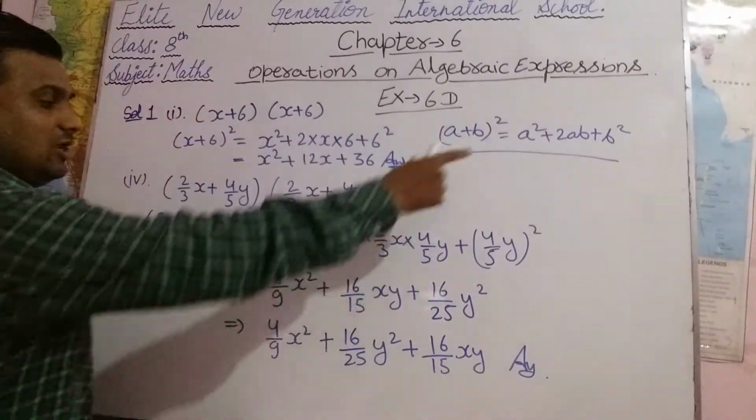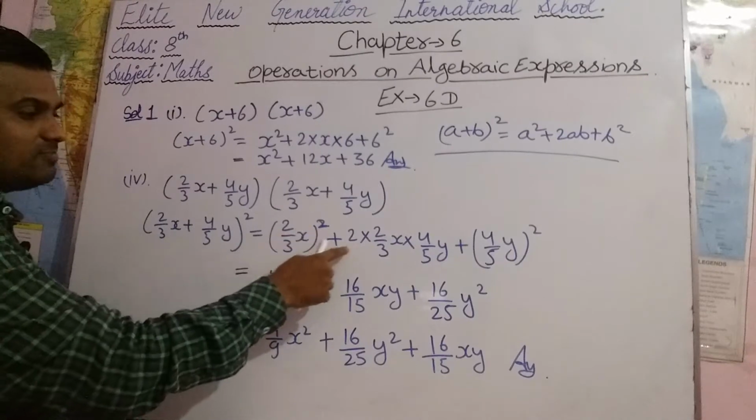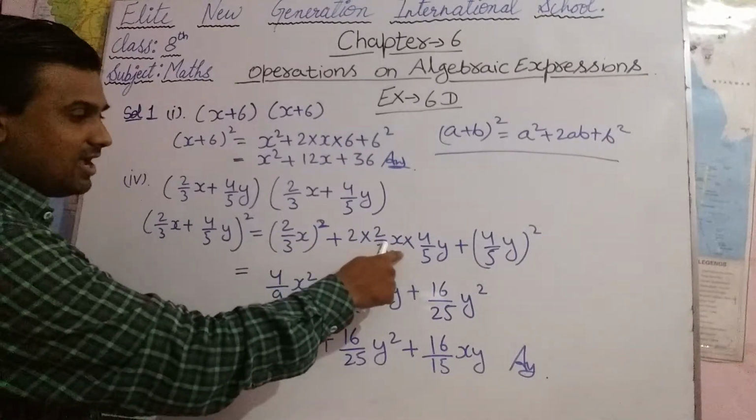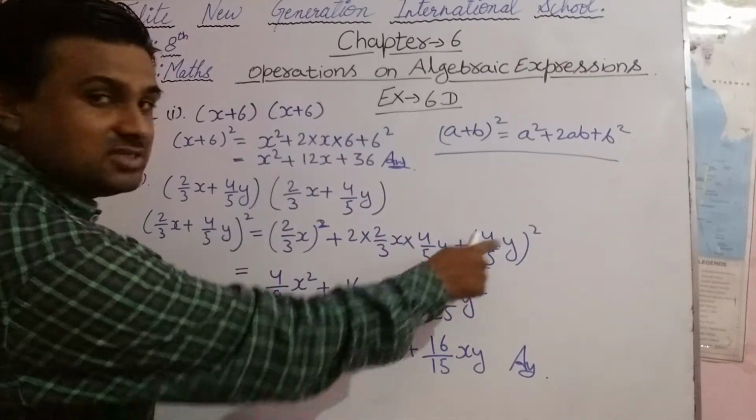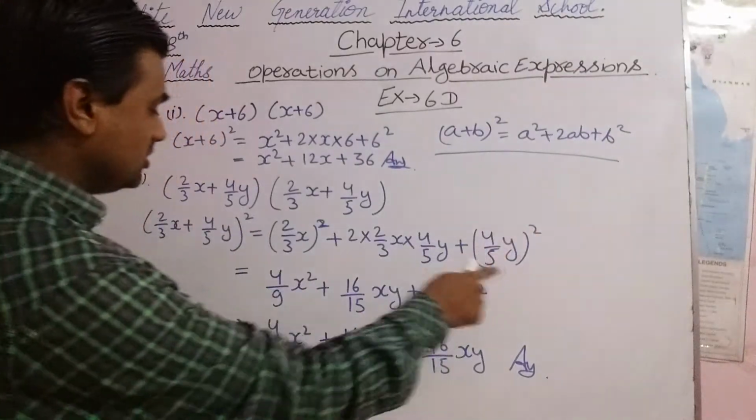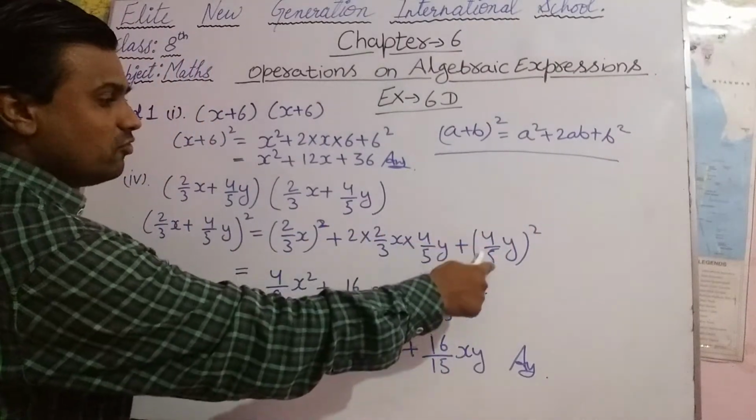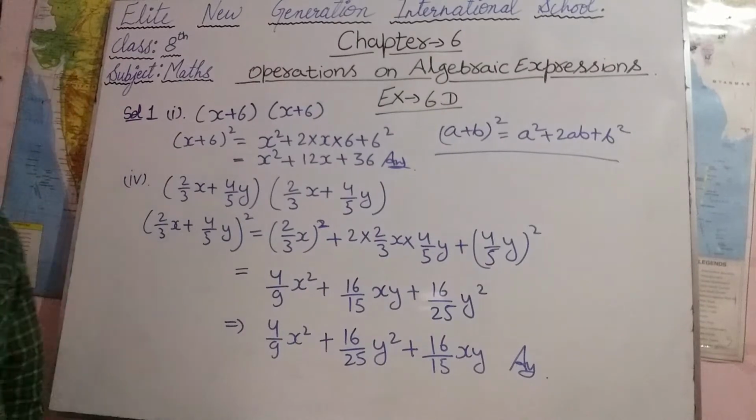So by putting the values, (2 upon 3x) square plus 2 into 2 upon 3x into 4 upon 5y plus, last, b square. On place of b square we can write (4 upon 5y) whole square.